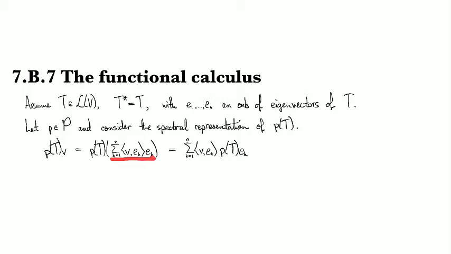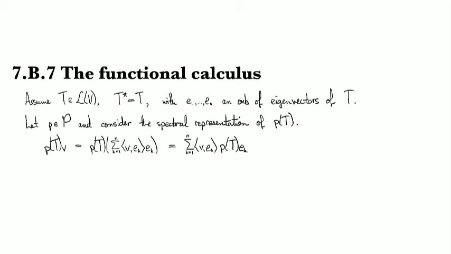Since this is a linear combination of the EKs with coefficients that look like this, that factors through this linear operator. And so I can just look at the linear combination of that operator applied to each component. So now if I do a little side computation here and say, what does it look like if I do P of T applied to EK?